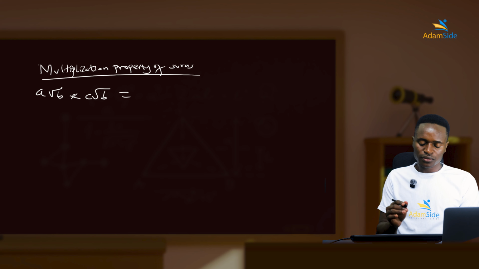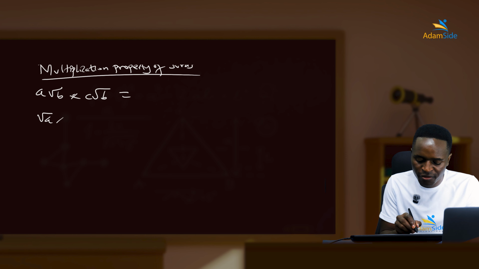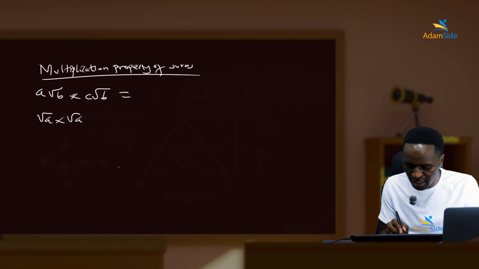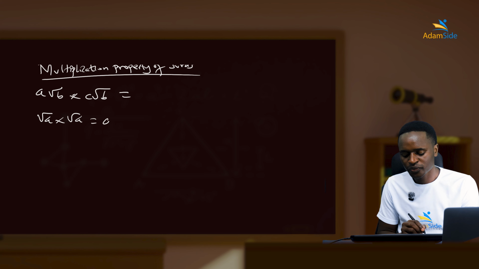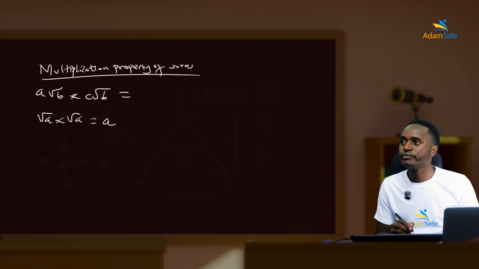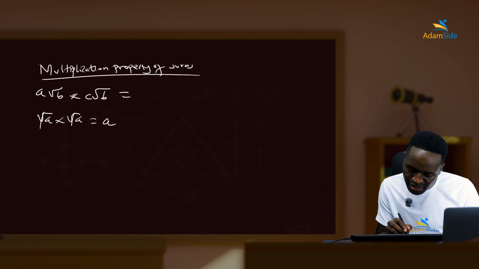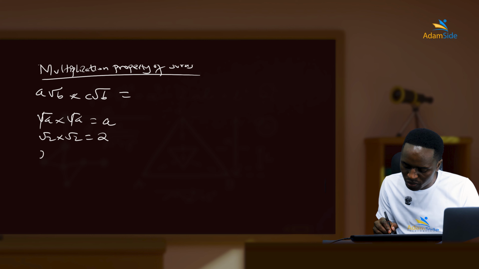Let's say rule number 1 before going to this. We said rule number 1, let's say you have root a times root a. Root a times root a is the same as a. What cancels is the square root. For example, root 2 times root 2 will be 2.